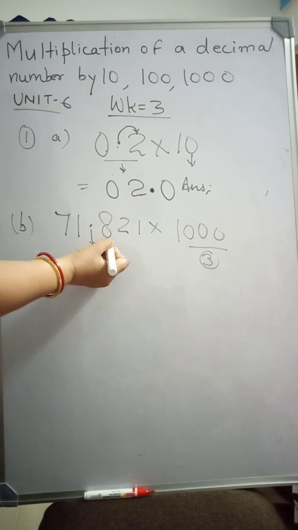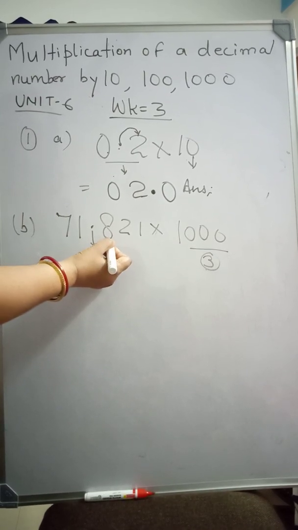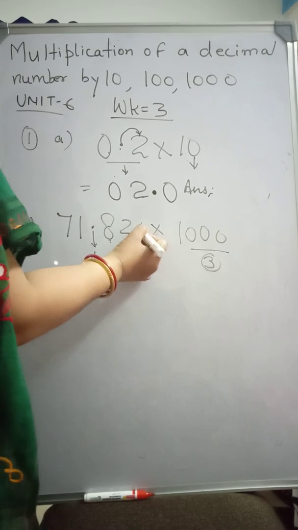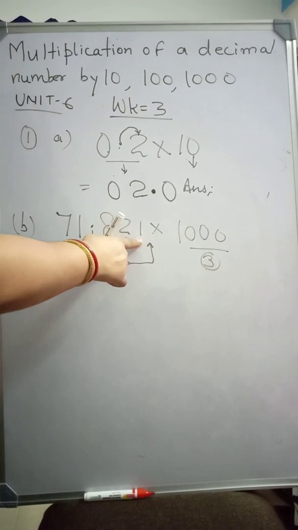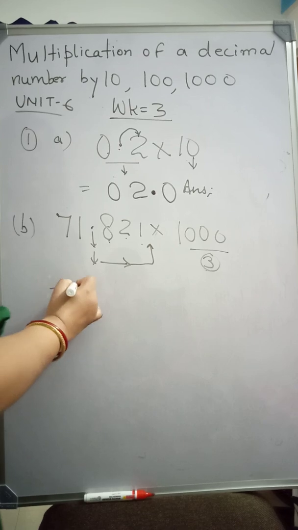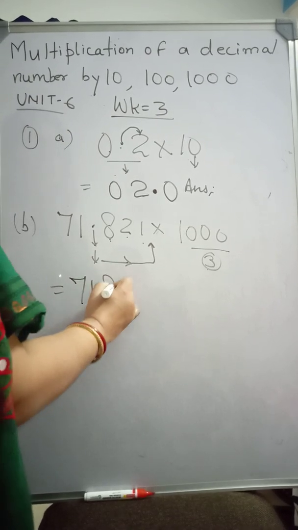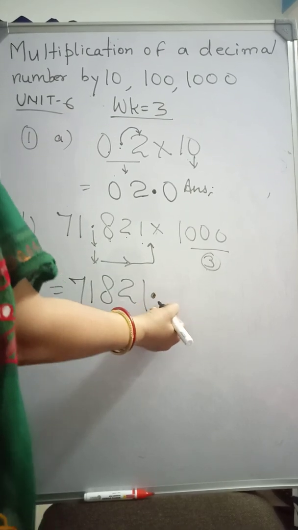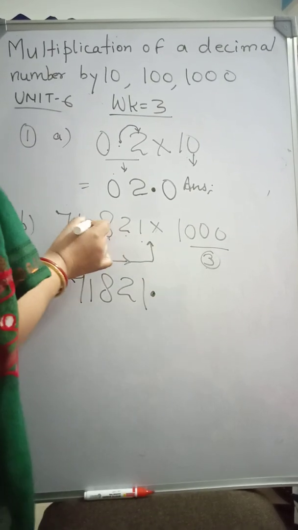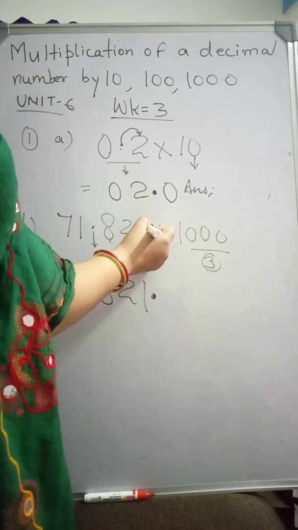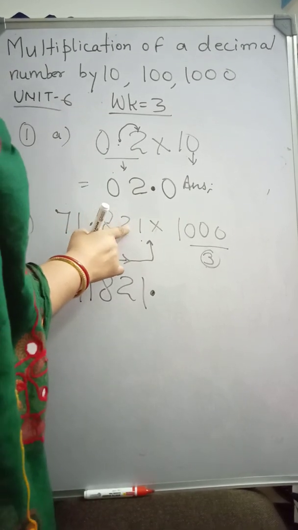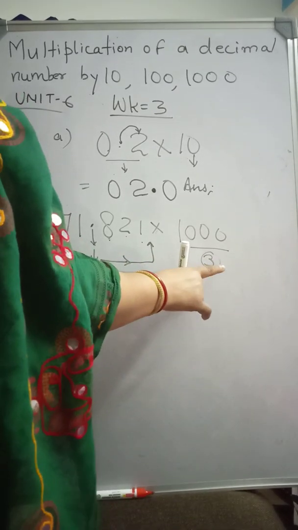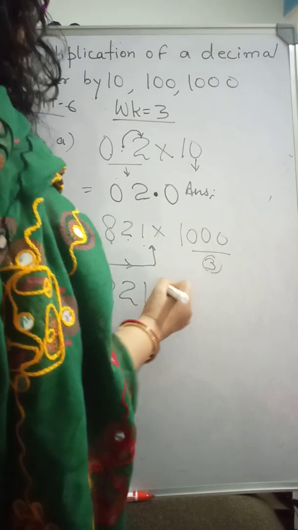So it will shift 3 places, 1, 2 and 3. So the product is 71821. The number of decimal places of shifting will be the same as the number of zeros of the multiplier. So it will be the answer.